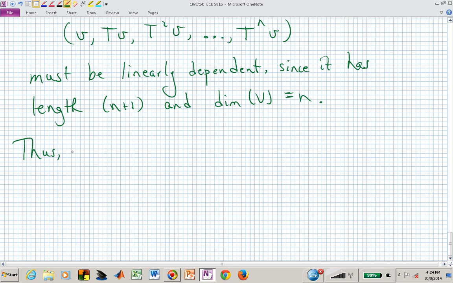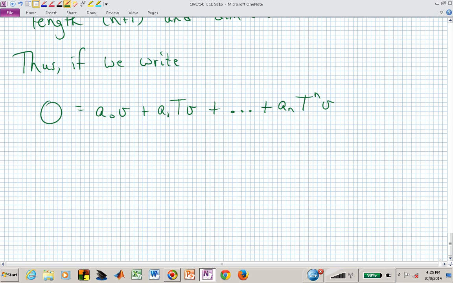Thus, we can write 0 equals a sub 0 v plus a sub 1 Tv plus dot dot dot a sub n T to the n v. Again, we're working on a complex vector space, so these scalars can be complex.